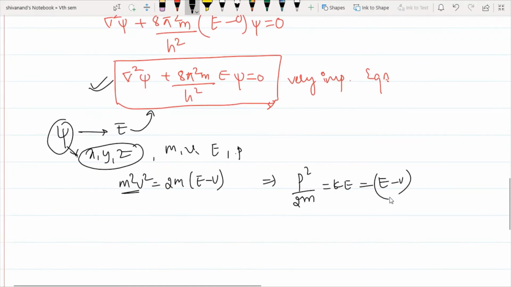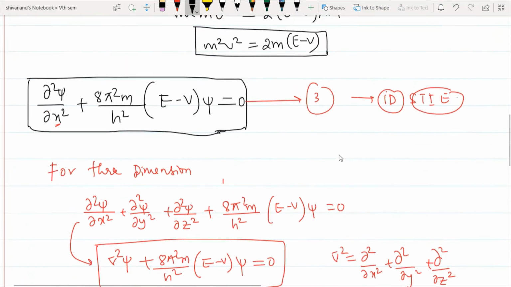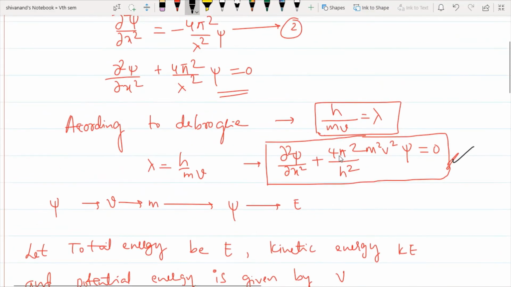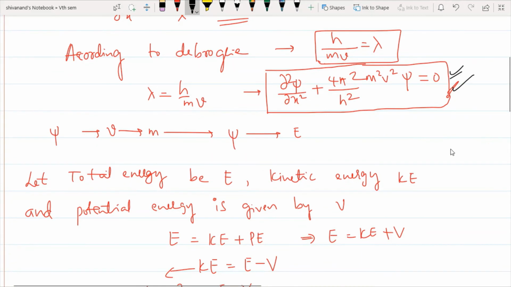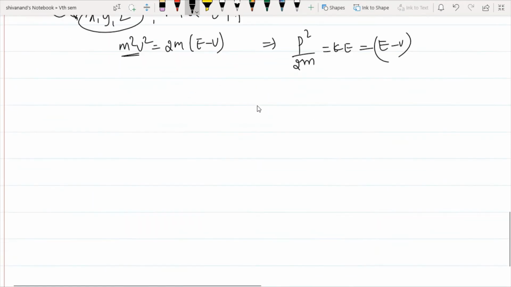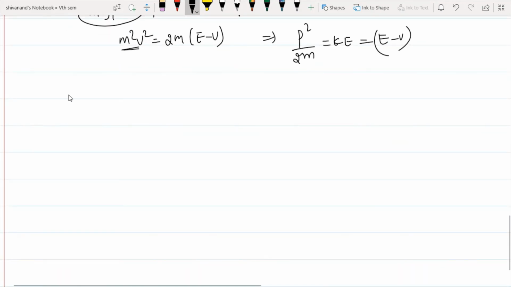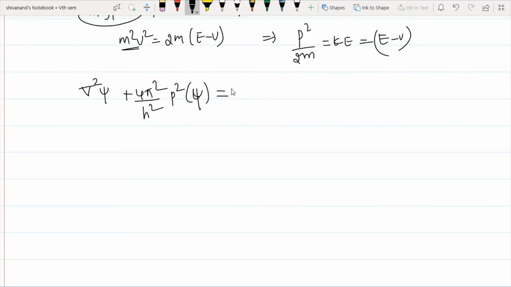So if you express that expression in terms of momentum, then we get, as we had here, see, what is that equation? 4 pi square by h square m square v square, right? So if you replace m square v square by p square, what we get, for 3 dimensions only, is del square psi plus 4 pi square divided by h square p square into psi is equal to 0.